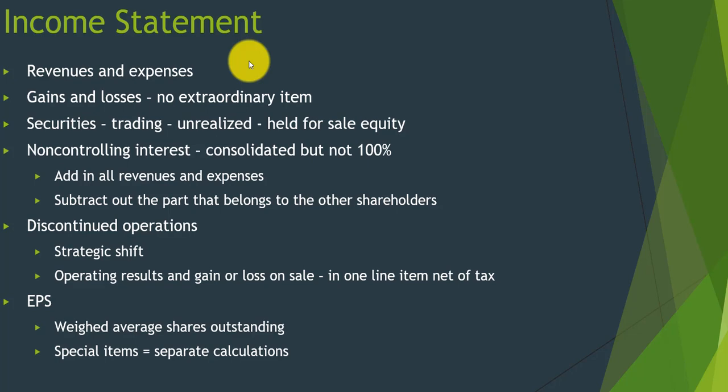Now, a new item on the income statement we probably ignored in the past was the concept of non-controlling interest. This situation is where a company owns more than 50% of another company, but not 100%. So as soon as you own over 50%, you are in control of that company.